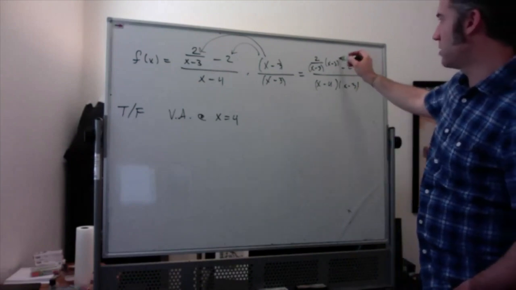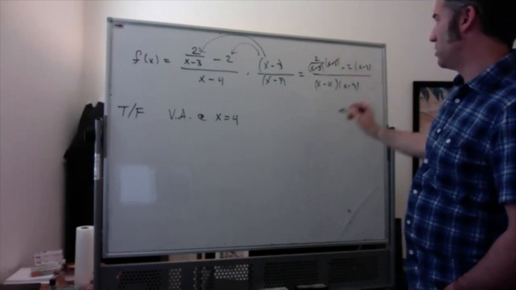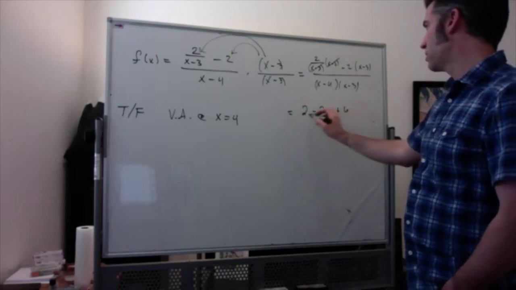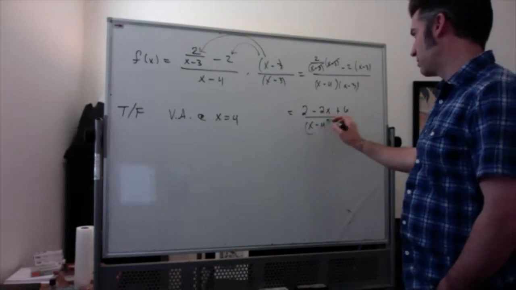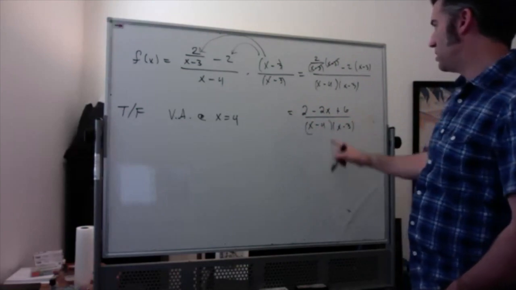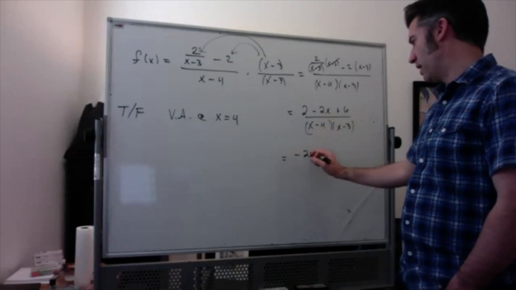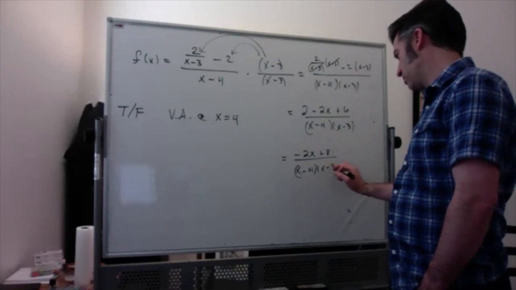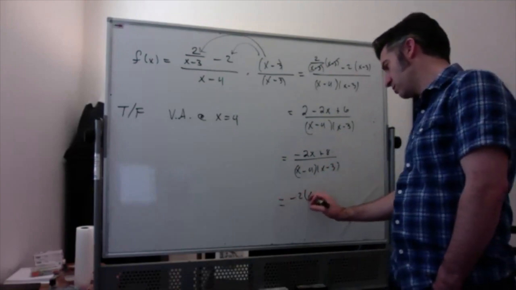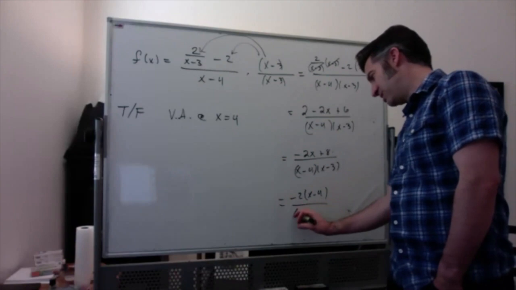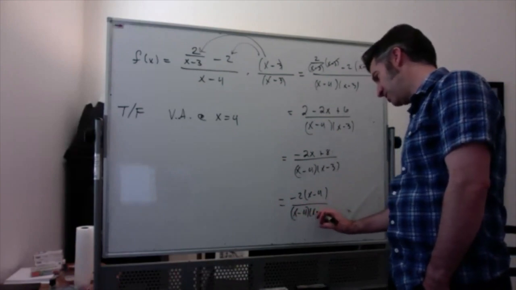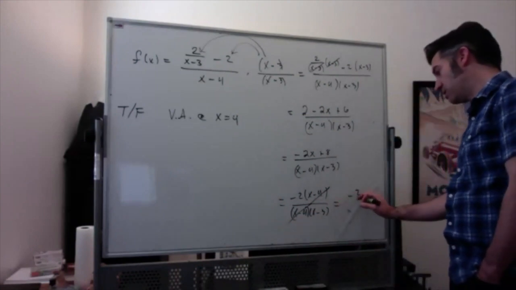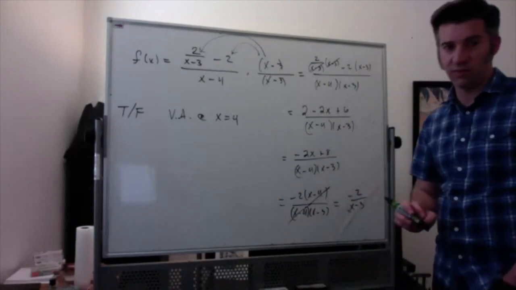And then if I cancel the x minus 3's here, distribute the minus 2 here, I get 2 minus 2x plus 6 over x minus 4 times x minus 3. This is negative 2x plus 8 over x minus 4 times x minus 3. Factor out the negative 2, and we see that the x minus 4's actually cancel. So this graph does not have a vertical asymptote at x equals 4. It has a hole.